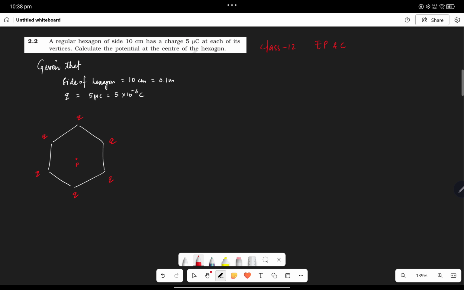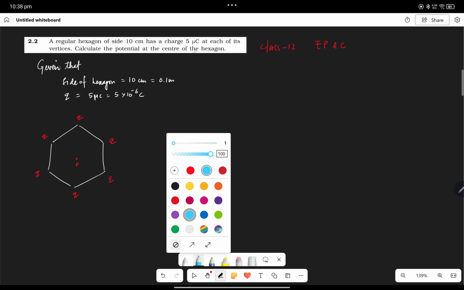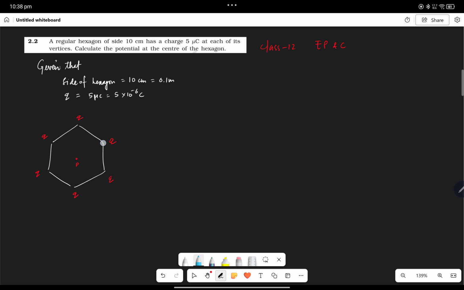For that you first have to figure out the distance between each charge and this point. What is this r, what is this r, and this r? Then you are able to find the potential exerted individually on point P due to every individual charge, right?